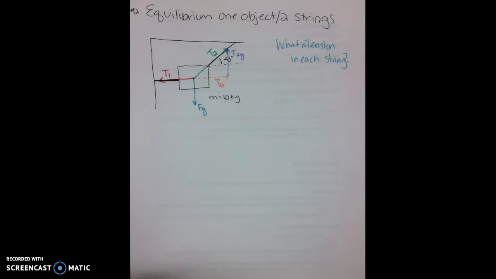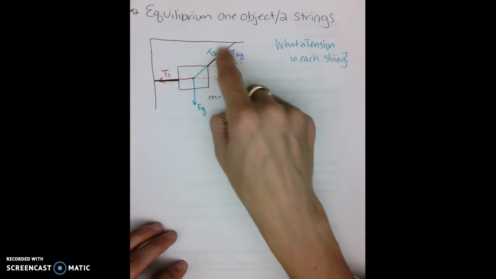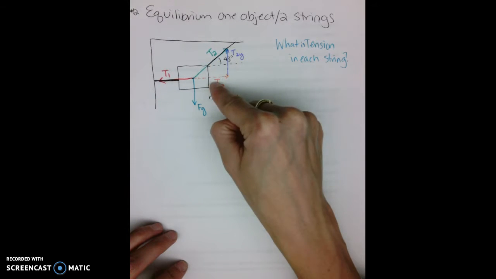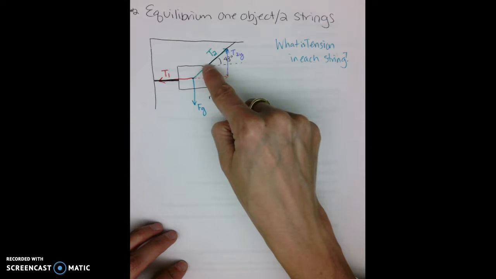I need to keep my x and y separate here. So I'm going to work on figuring out what those components equal, so then I can use trig or maybe the Pythagorean theorem to figure out what T2 is.